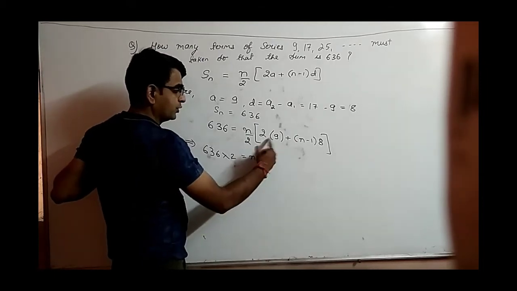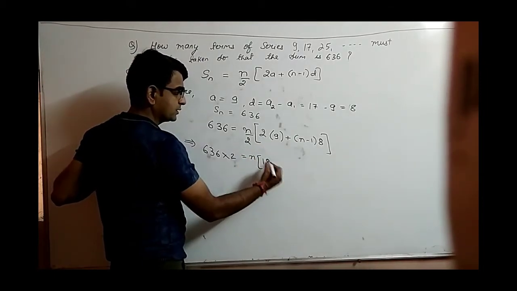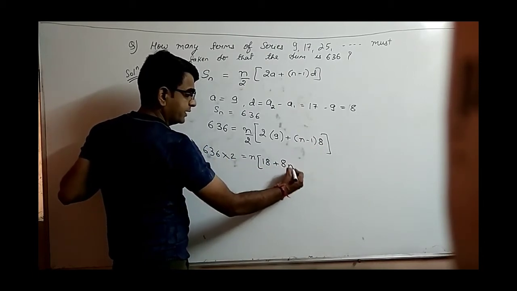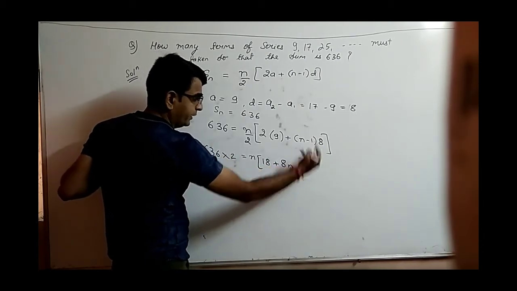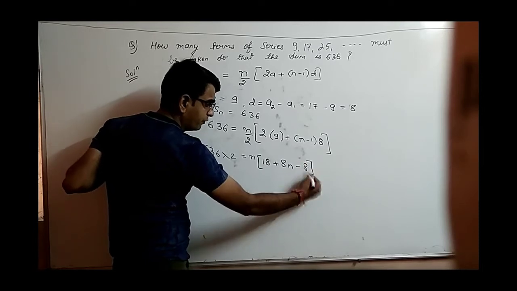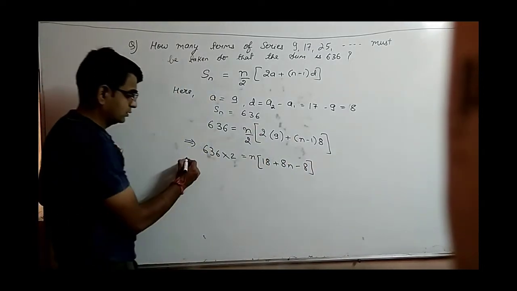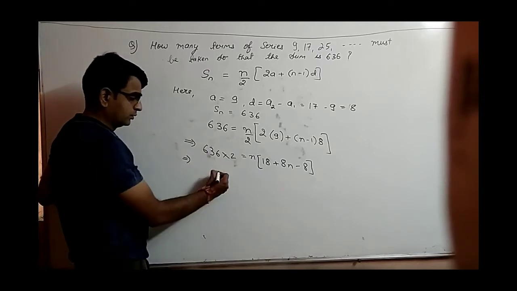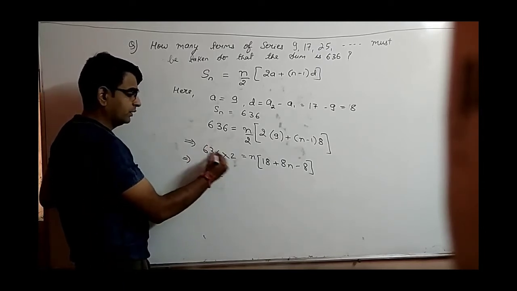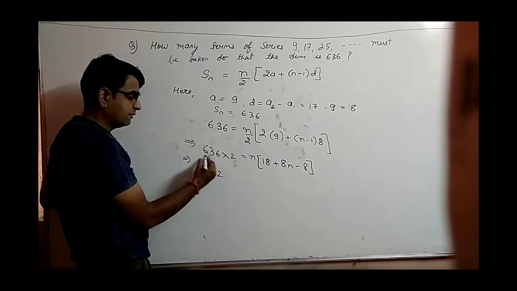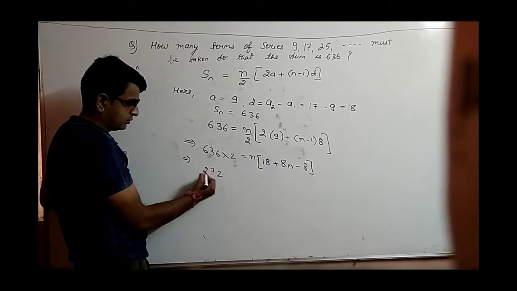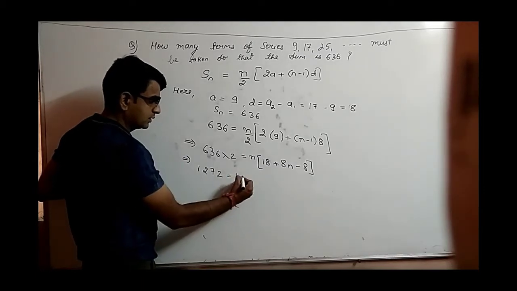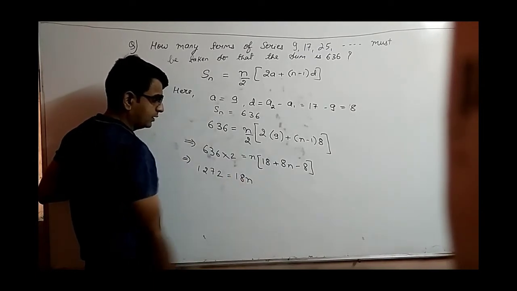And 2 into 9 is 18, 8 into n is 8n, and 8 into -1 is minus 8. Now 636 into 2: 6 twos are 12, carry 1, 3 twos are 6 plus 1, 7, and 6 twos are 12. So that is 1272. Okay, now this is 18 plus 8n.